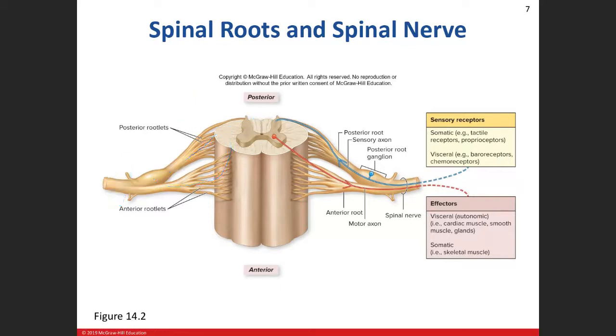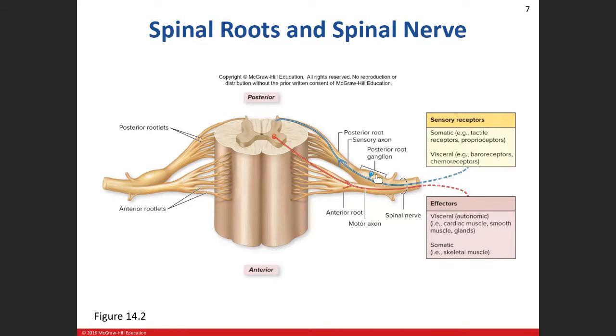Now, if you notice, on our posterior component, you've got this little bulge here. That's referred to as the posterior root ganglion, also known as the dorsal root ganglion. Remember what a ganglion is: a cluster of cell bodies in the peripheral nervous system. Remember I was telling you those sensory neurons are bipolar neurons.